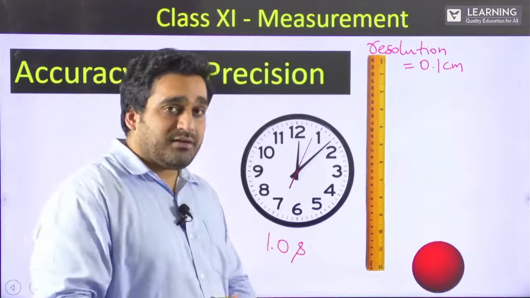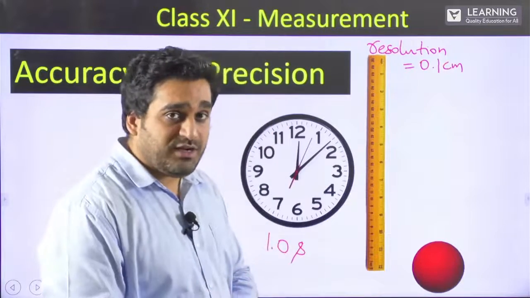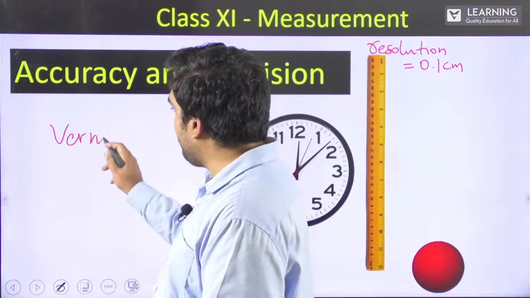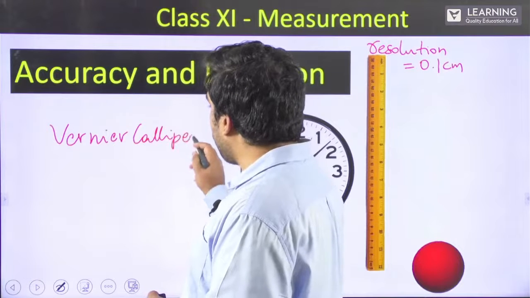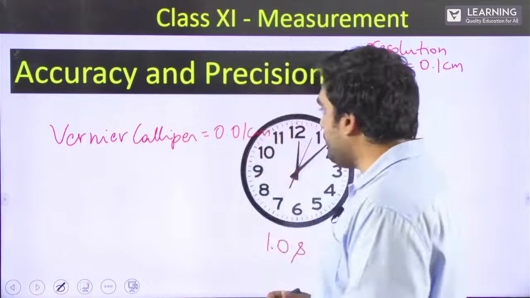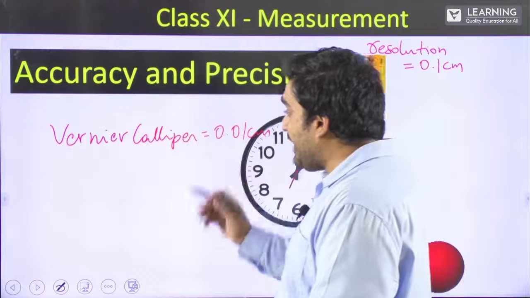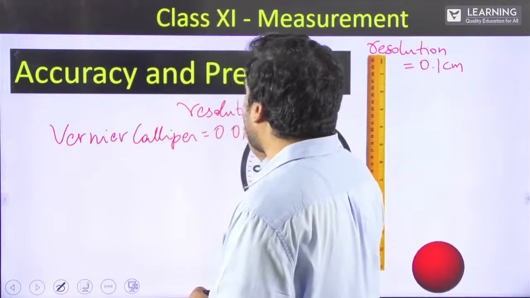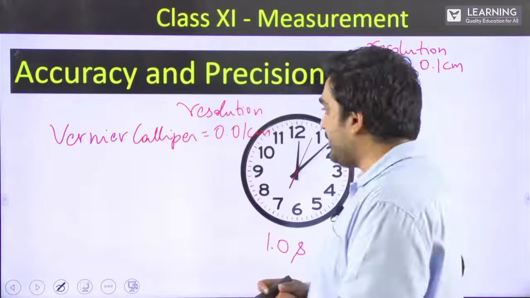Now you have better instruments that give you a better resolution, such as a Vernier Caliper, which gives you a resolution of 0.01 centimeter. Since it has a better resolution, we expect the accuracy to also be better.